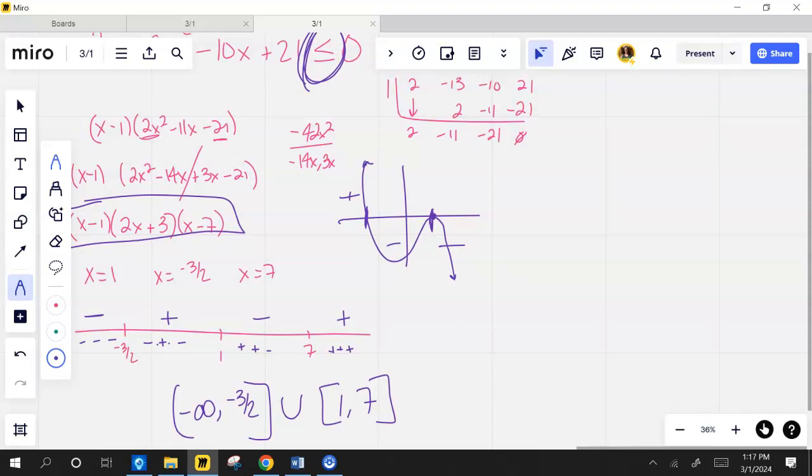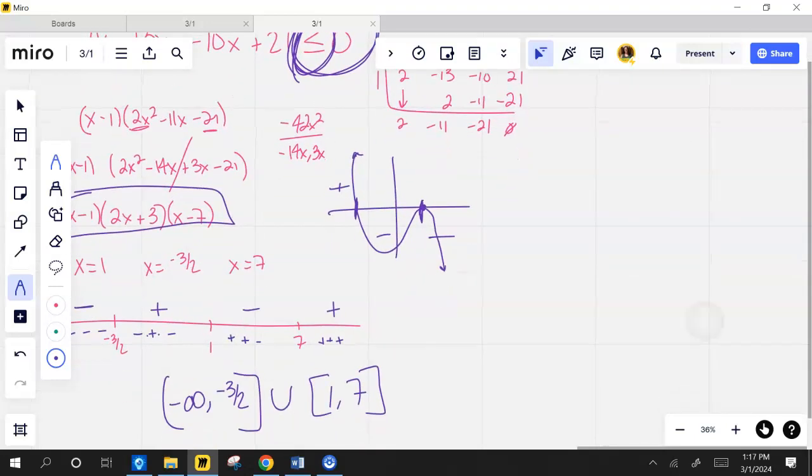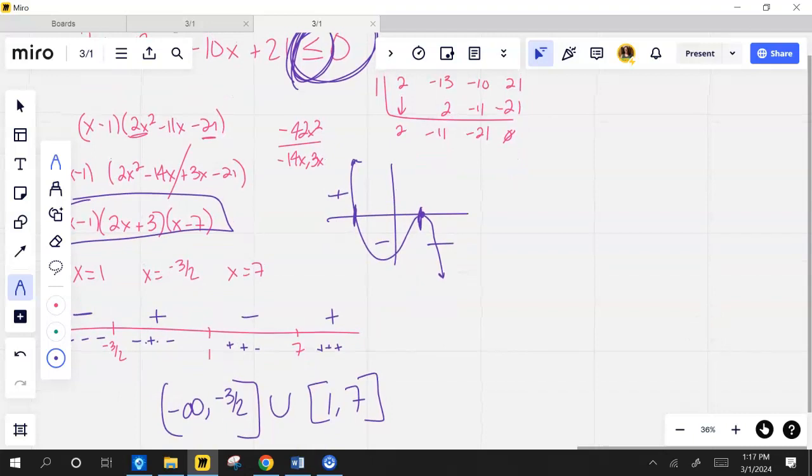Seven to infinity is positive. We're looking for negative because it said less than or equal to 0. Yes. I knew what you were going to say, but the infinity, remember, is still. No. Okay. All right.